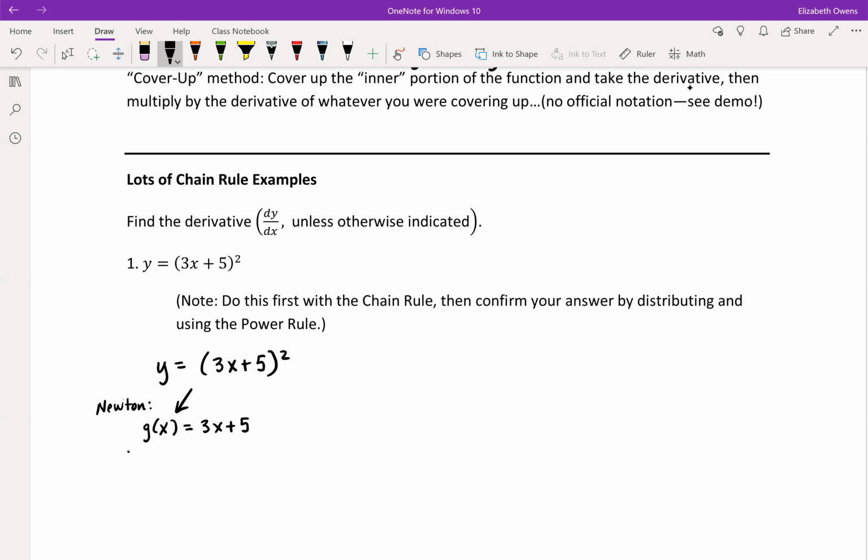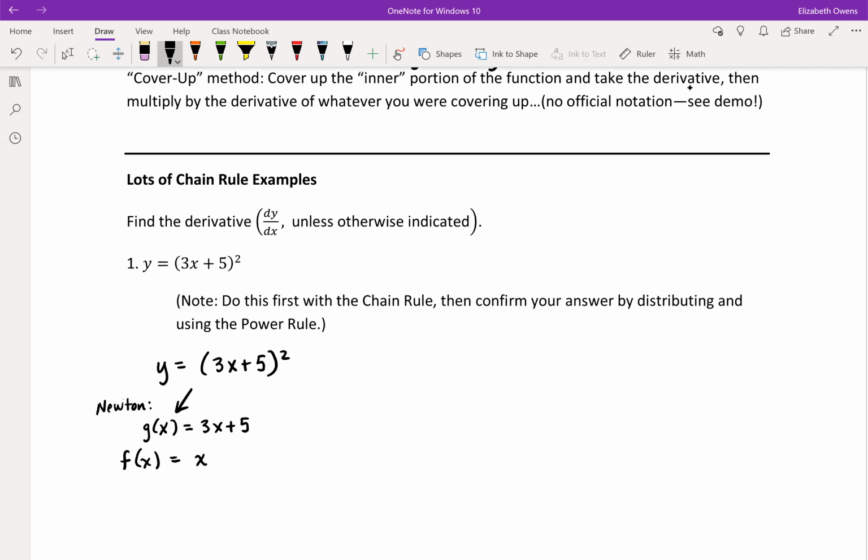And then f of, let's say, maybe something else. No, I guess we would say f of x. That's your squaring function. So we're taking g of x here and we are squaring it. So squaring is what the f of x function does.